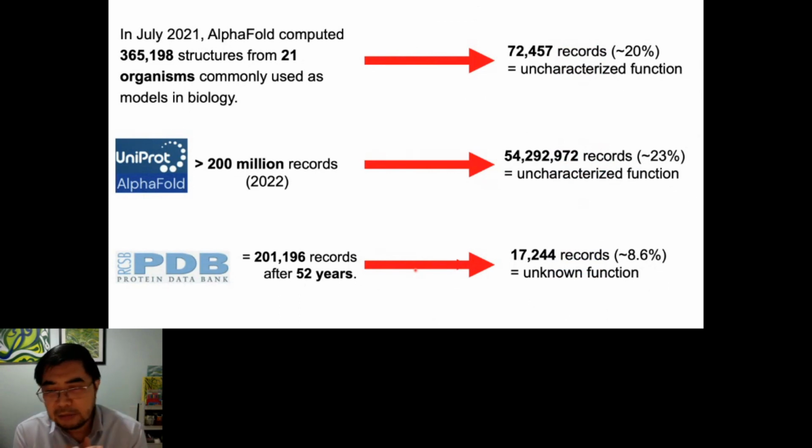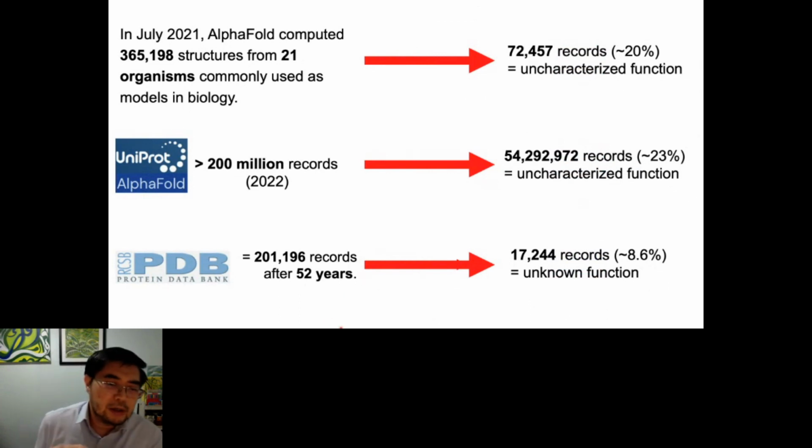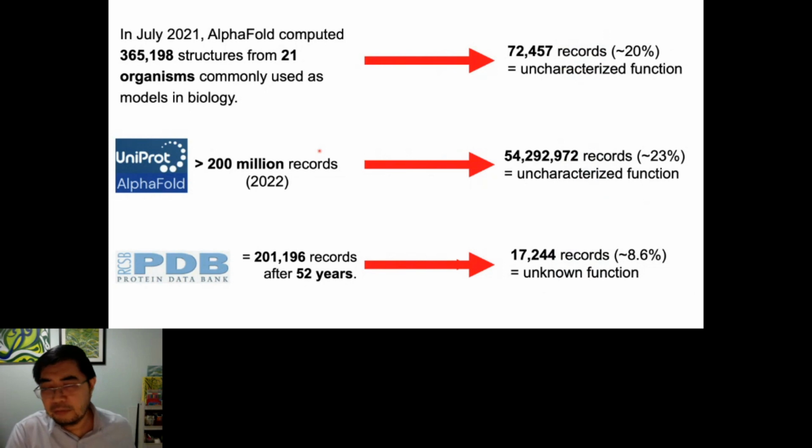And more recently, in 2022, AlphaFold predicted the structures of 200 million records that are available in the UniProt database, and of that, roughly 54 million, or 23%, are labeled as having uncharacterized function.